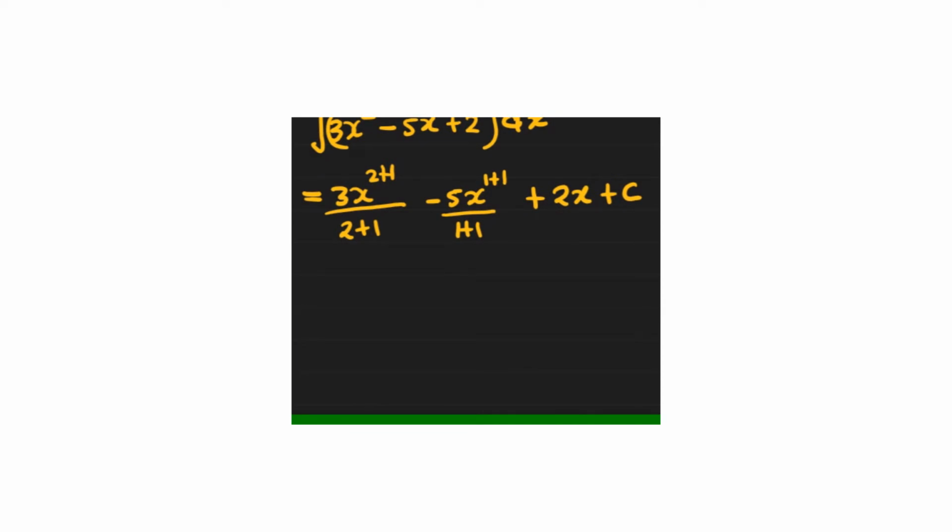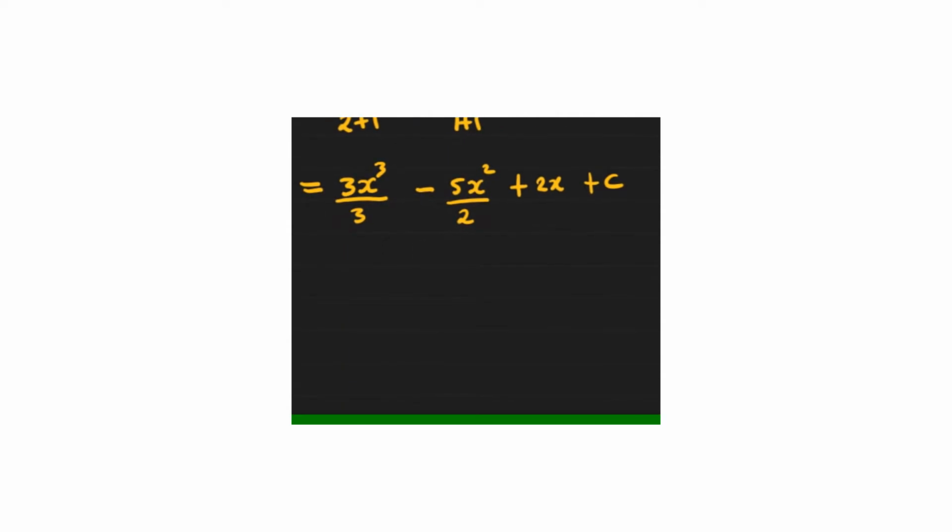Therefore it becomes 3x cubed over 3 minus 5x squared over 2 plus 2x plus c, which now becomes x cubed minus 5x squared over 2 plus 2x plus c, again our constant of integration.